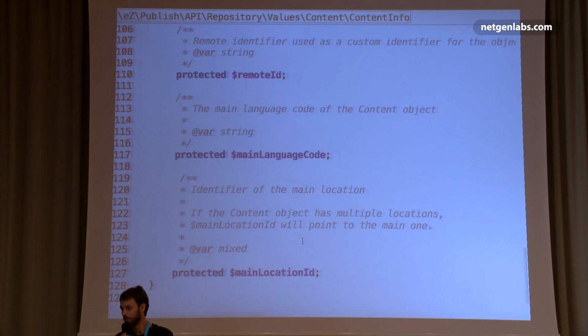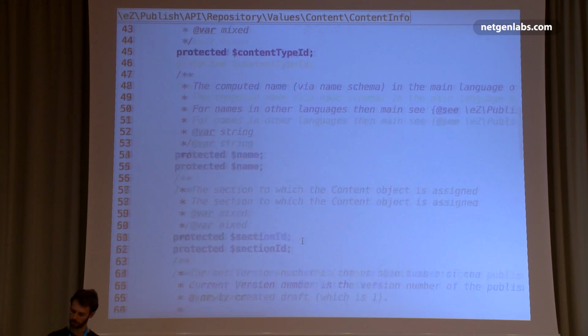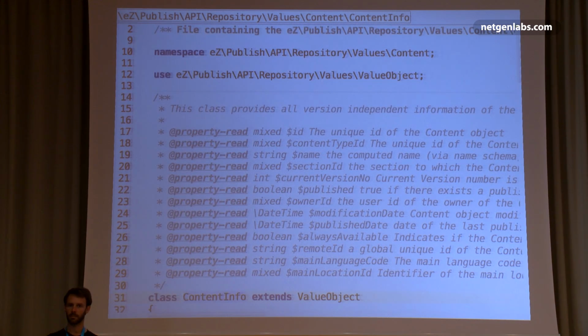If you just open the content info class, you will see what kind of metadata you have. You have the ID of the content, so this is the content ID, basically. The content type ID. Its name, but be careful with the name here. It's the name in the default language.